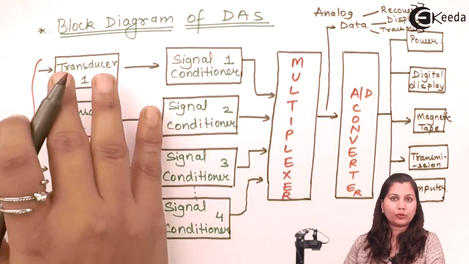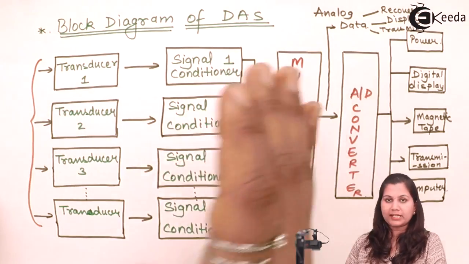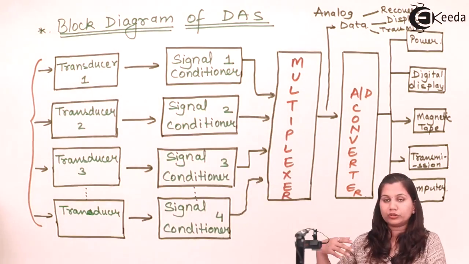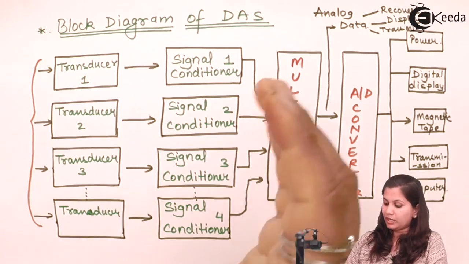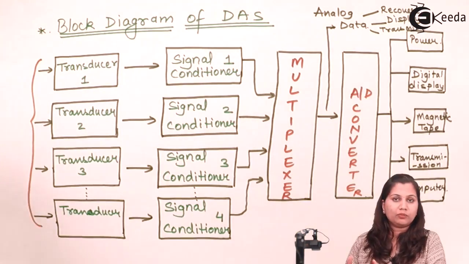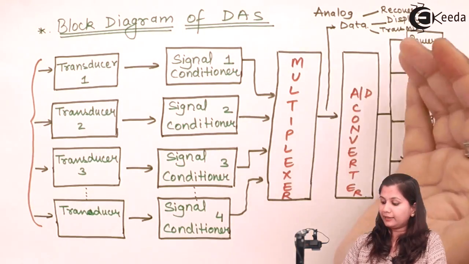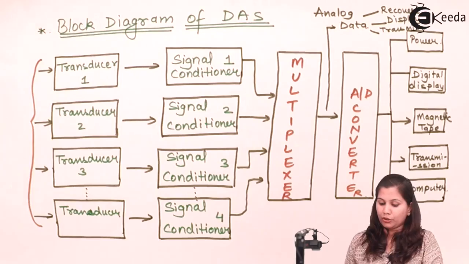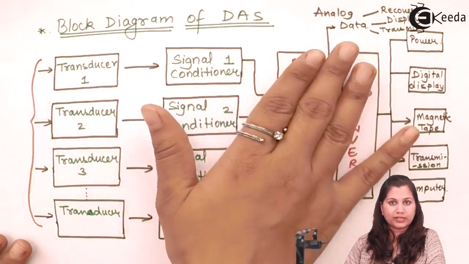Then the multiplexer accepts all these analog signals and provides a single output according to the requirements of the system, that is, which type of electrical signal we want. Now according to our need, whether we want an analog output or digital output, conversion is done, and for storage, transmission, and recording purposes, we can use different devices. So this was the block diagram of the data acquisition system.